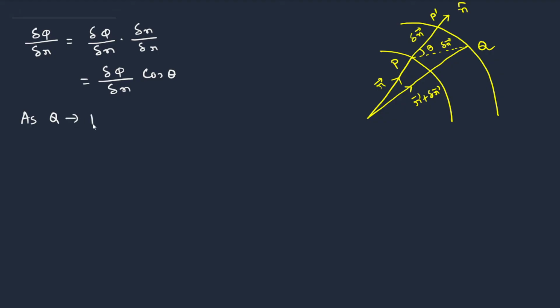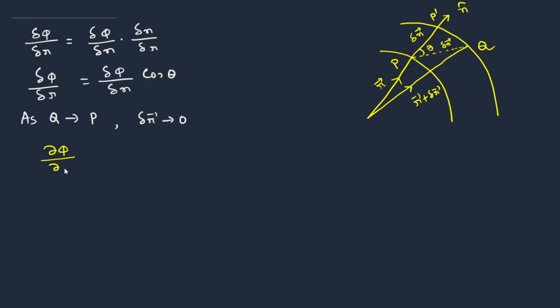Now Q is approaching towards P, so if Q is approaching towards P, then what will happen? Then this will be the limiting case, meaning delta r tends to 0. So if we take the limit on both sides, I am talking about this particular line, delta r, then after taking the limit, all these deltas will become del.